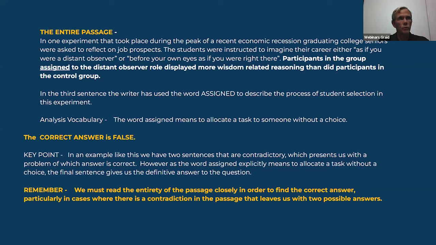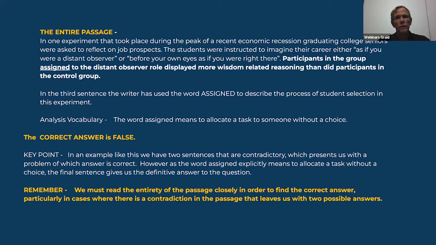It's to tell them this is what you're going to do. That's what assigned means. So in this case, with the addition of the third sentence, the correct answer is false. We have a direct contradiction between choice and assigned.